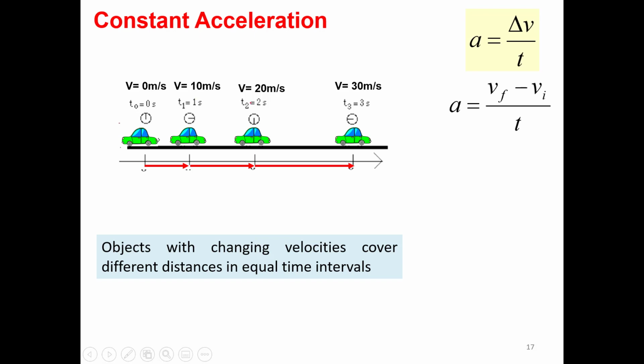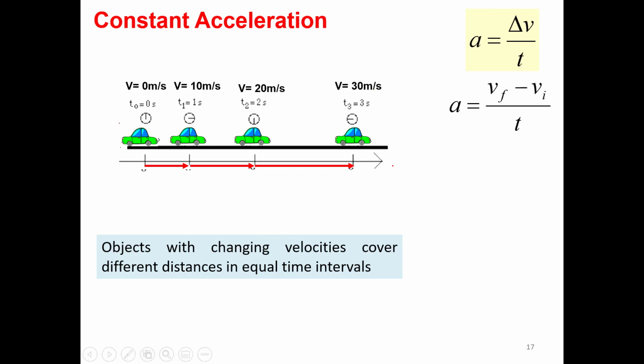From 1 second to 2 seconds, the velocity changes from 10 meters per second to 20 meters per second. In the last second, the velocity increases from 20 meters per second to 30 meters per second.